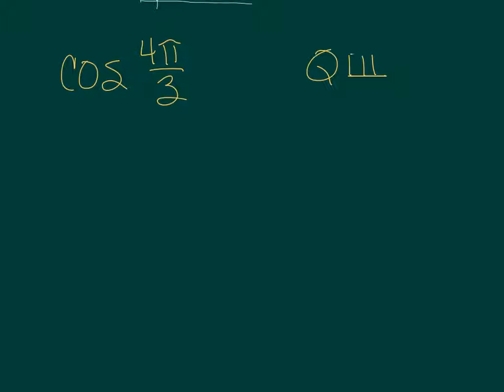The reference angle, we find by subtracting pi. So that gives us pi over 3. So the trig function values for 4 pi over 3 and pi over 3 are the same, except that for 4 pi over 3 it could be negative or positive.